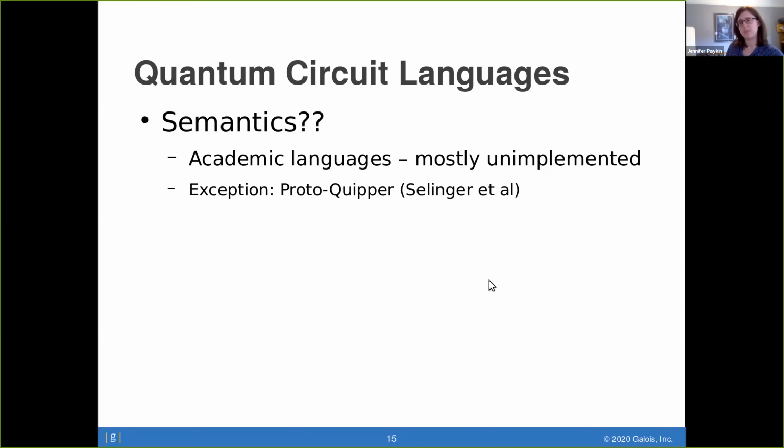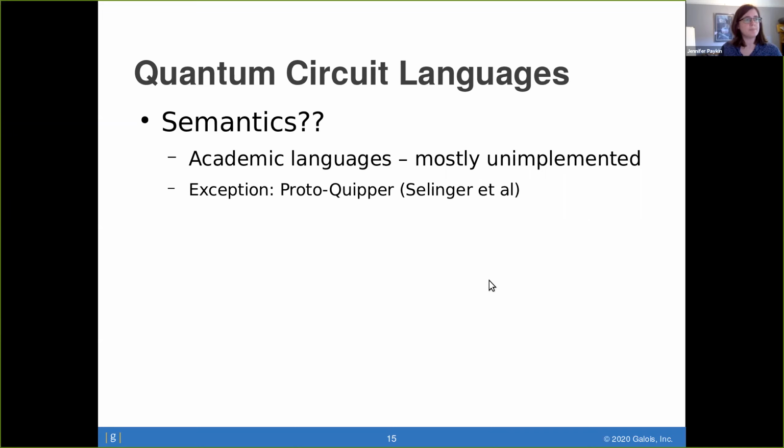They tend not to be used very richly, or else they are still sort of prototypes, for example proto-QWIRE, which is intended to be a formalization of QWIRE, although I don't know why it's called proto-QWIRE, because it came after the original QWIRE.